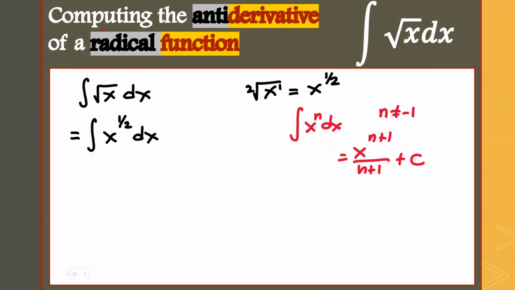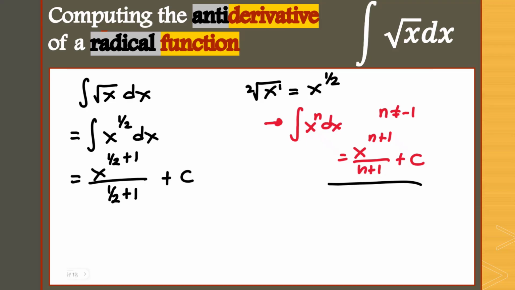That is why this specific example of a radical function is discussed right after the concepts for polynomial functions, which use the same power rule. Since it fits the criteria, this is equivalent to x to the power of 1/2 plus 1 over 1/2 plus 1, plus c as the arbitrary constant.